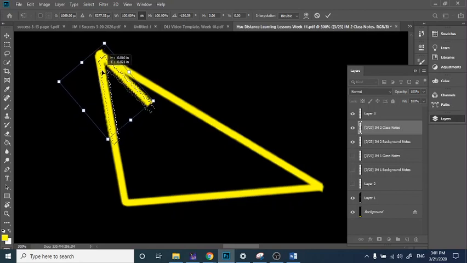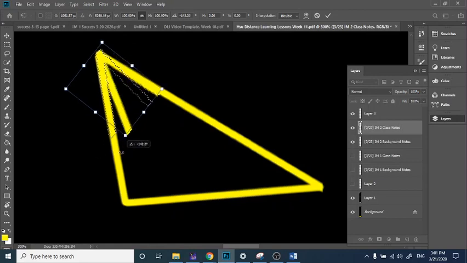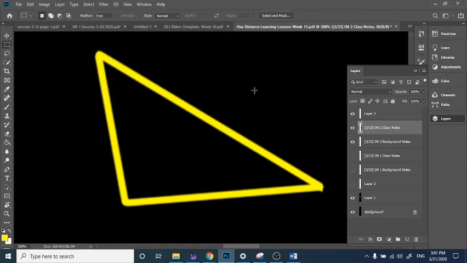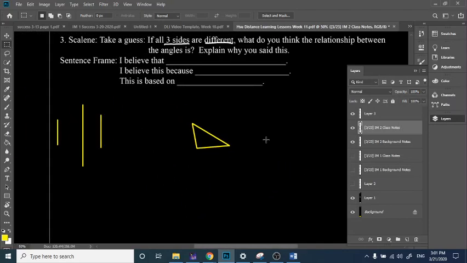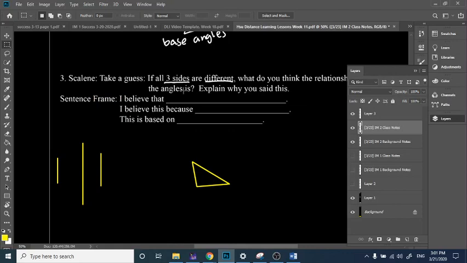So it looks like when we put it exactly on this line, nope, it doesn't quite work. Well, what if we did this? Let's try the other line. Yeah, no, that doesn't work either. So this one is equal to none of the sides. So none of the sides are equal, because all three sides are different as well.